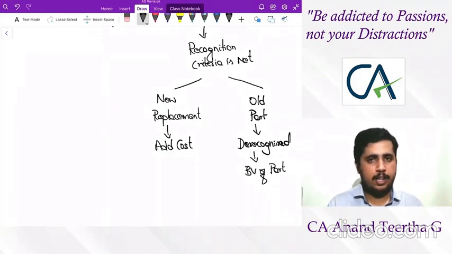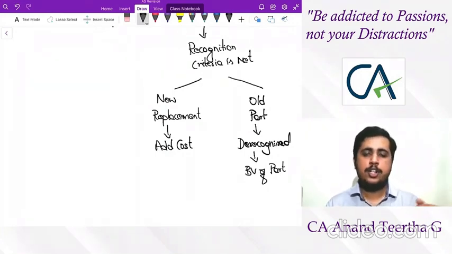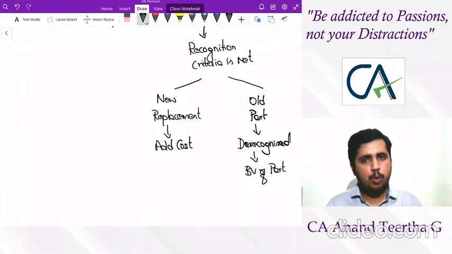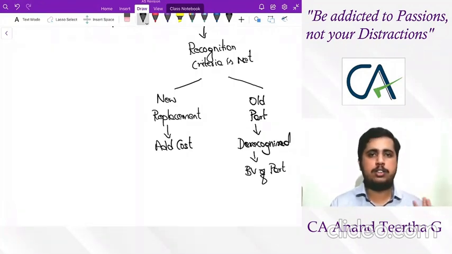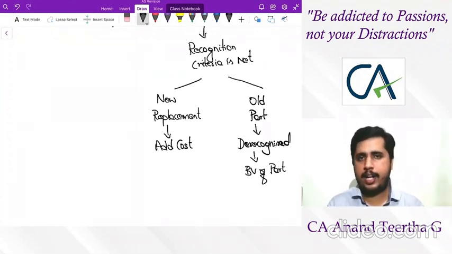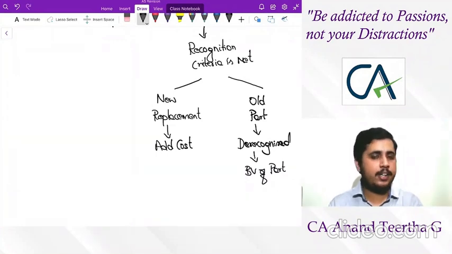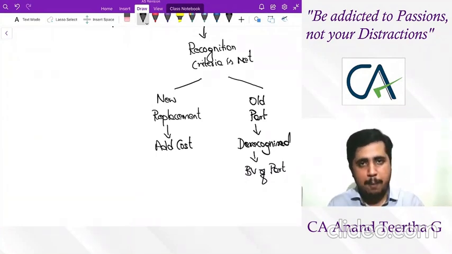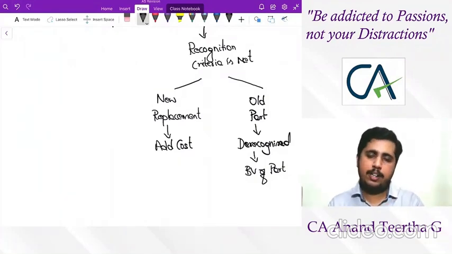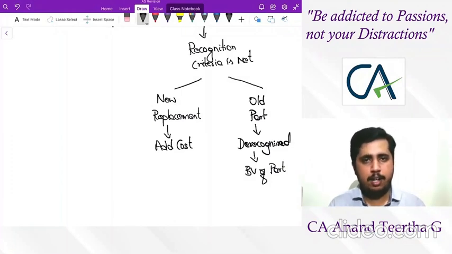It will be double capitalization. So, for that purpose, they said you delete that part's book value, you add the new part's cost. That is how you have to deal with the replacement mechanism under AS10. So, day-to-day servicing expense goes to P&L. Replacements are allowed to be capitalized provided the recognition criteria is met. If you are capitalizing, add the cost, derecognize the old part. That's how it should be done.